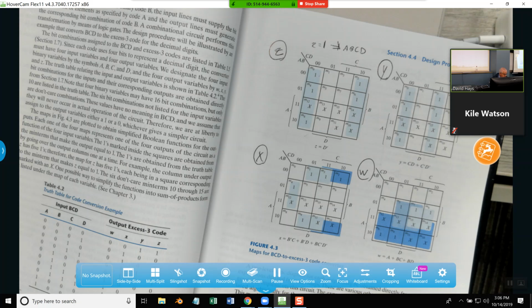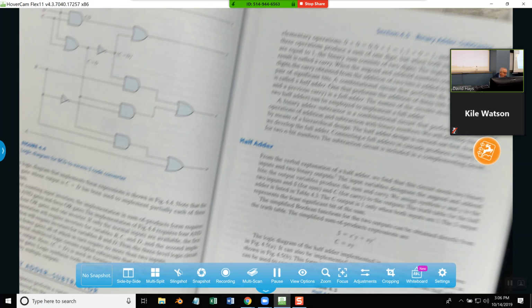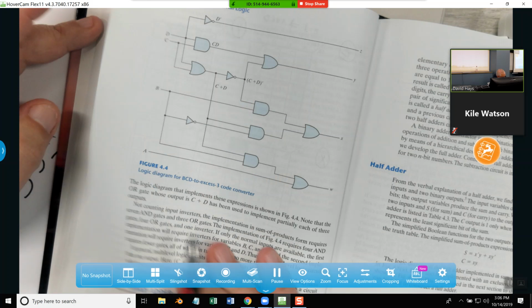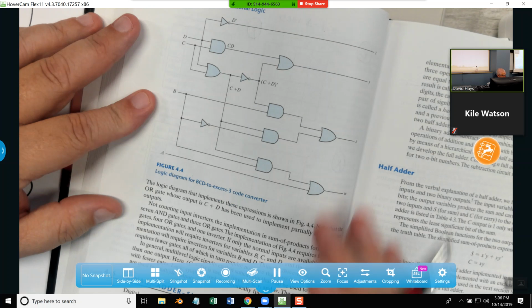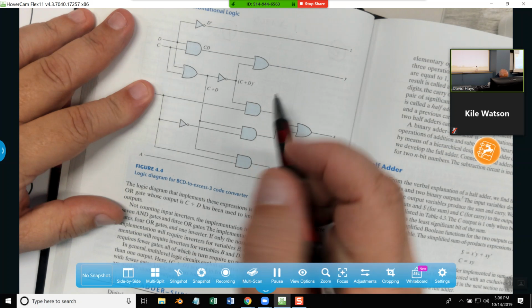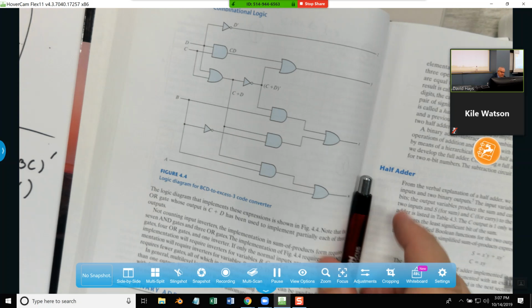That's where that one comes from. B prime C or B prime C, this is for X. B coming in there, so that's B prime. C.